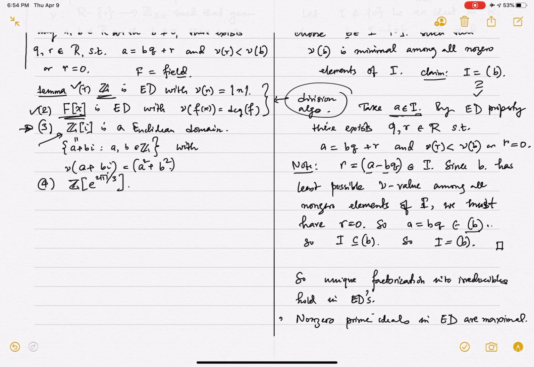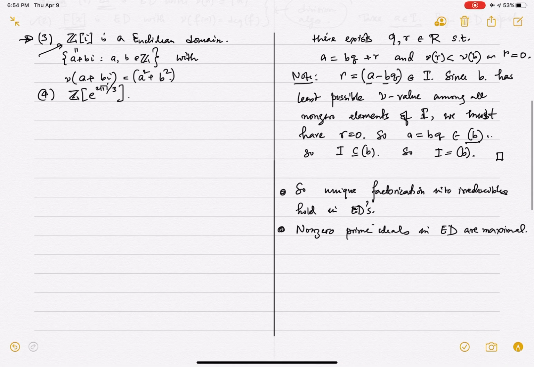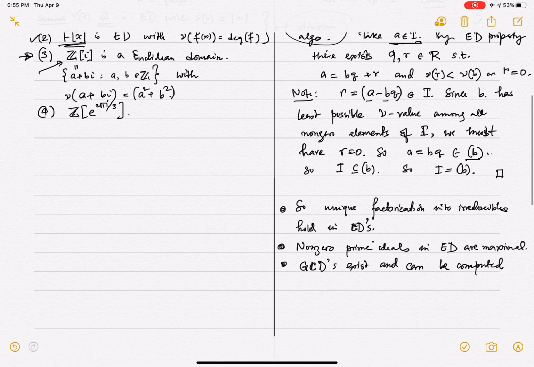This we knew was true in any PID. GCDs make sense. GCDs exist and can be found by the Euclidean algorithm, can be computed like you computed them in these two examples, in Z and in F[x], by repeated division using the Euclidean algorithm.